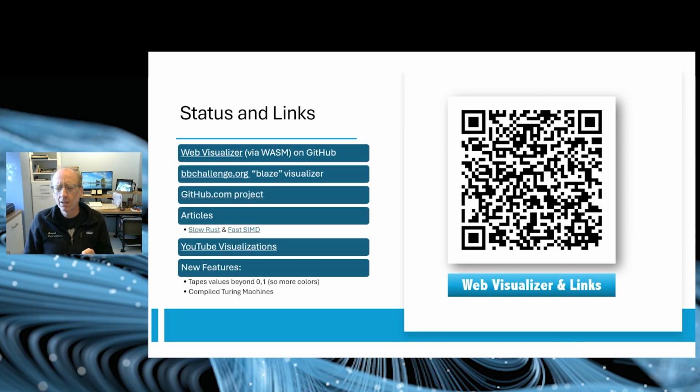And they're also looking at 2-state machines that can write 0, 1, 2, 3, or 4 to the tape. To visualize those requires more than just monochrome colors, so I added a generalization to the visualizer that can handle multiple colors, and that's what's running now on GitHub and on bbchallenge.org.